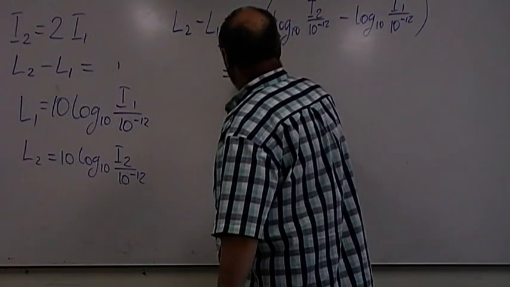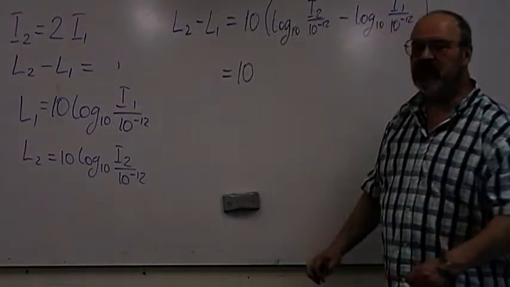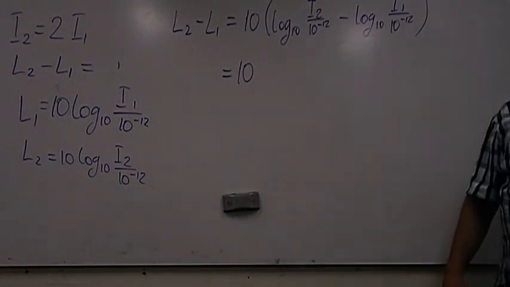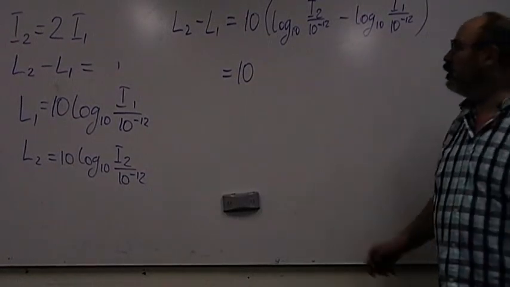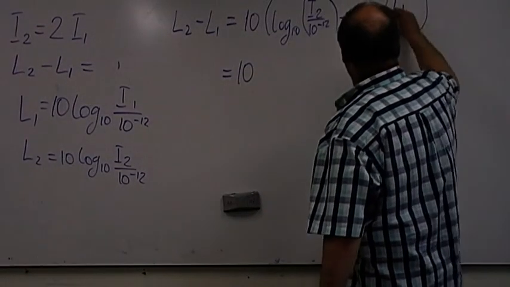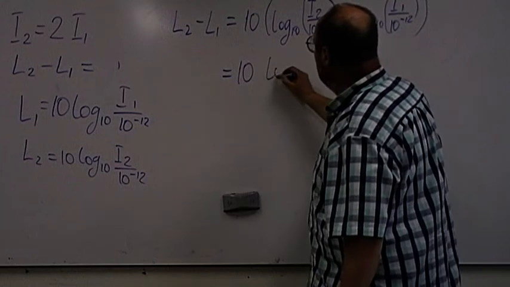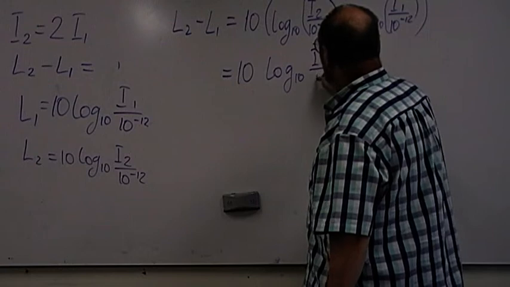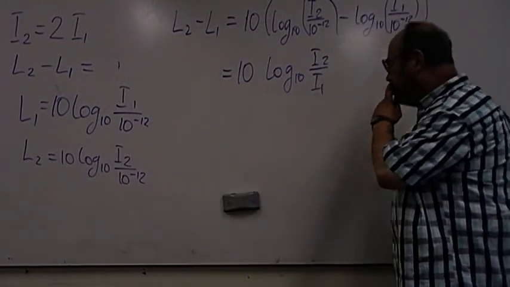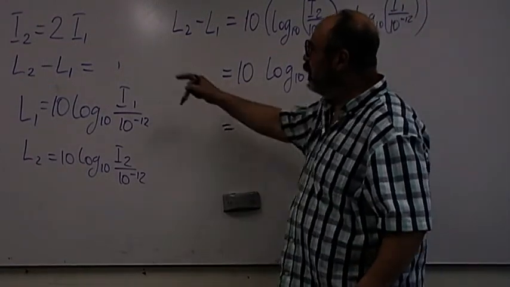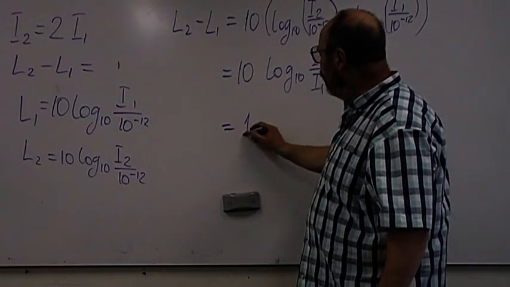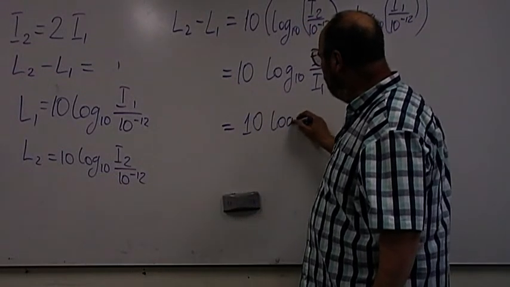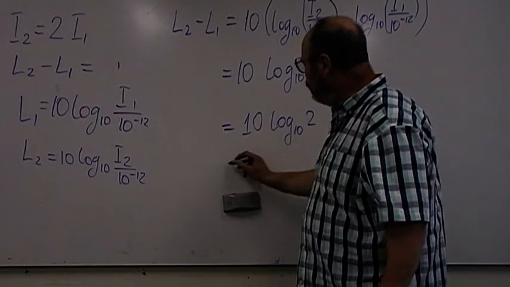For people who have learned logs, when we have a difference of logs, we divide what is inside the log, so that will be equal to 10 log10 of I2 divided by I1, which, because I2 equals 2I1, is 10 log10 2.